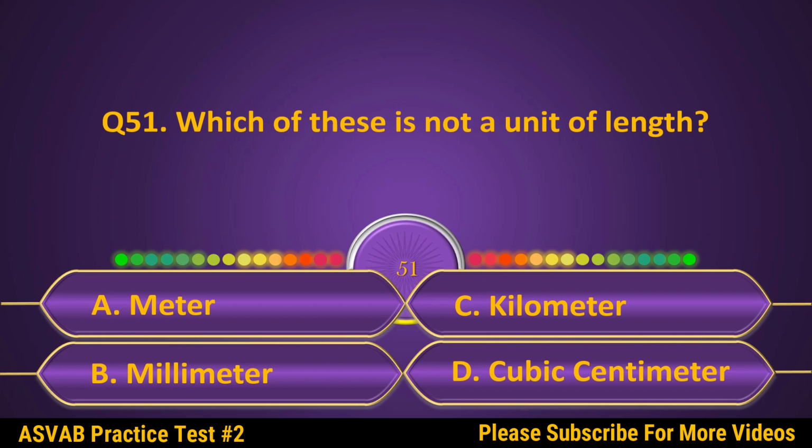Question number 51. Which of this is not a unit of length? The options are A. Meter, B. Millimeter, C. Kilometer, D. Cubic centimeter.